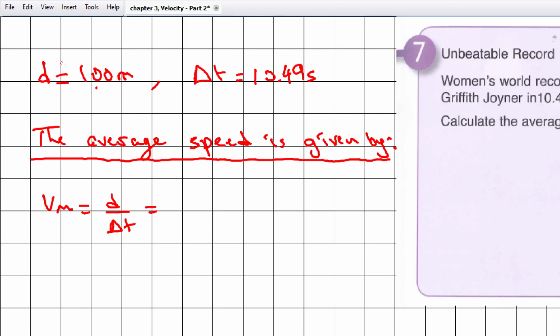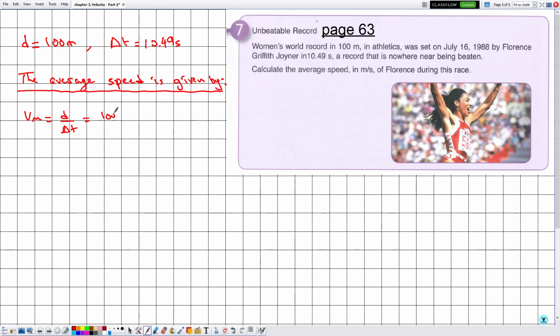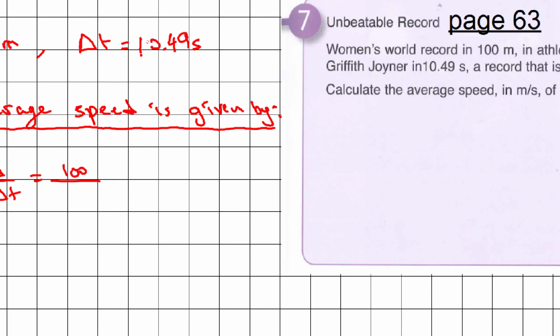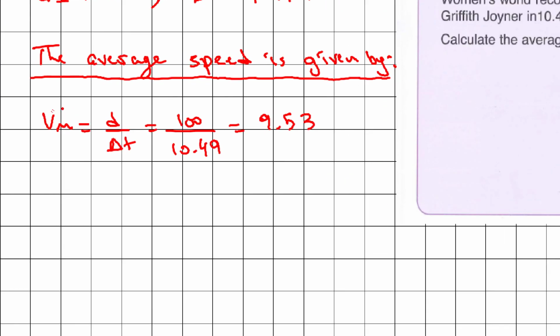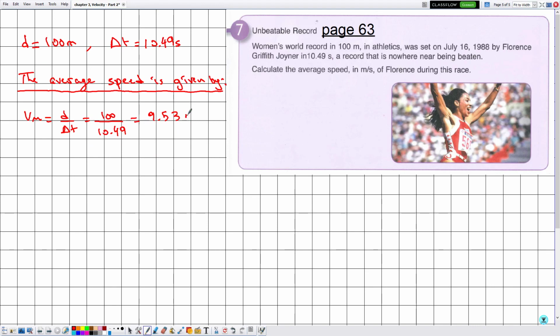Now the value of d is given by 100, which is already in the SI, and the value of delta t is given by 10.49, which is already in the SI. Now plugging this fraction on the calculator, then the average speed of this woman is given by 9.53. Since d and delta t are expressed in the SI, the value of Vm will be expressed in the SI, which is meters per second. Then the average speed of Florence is given by 9.53 meters per second.